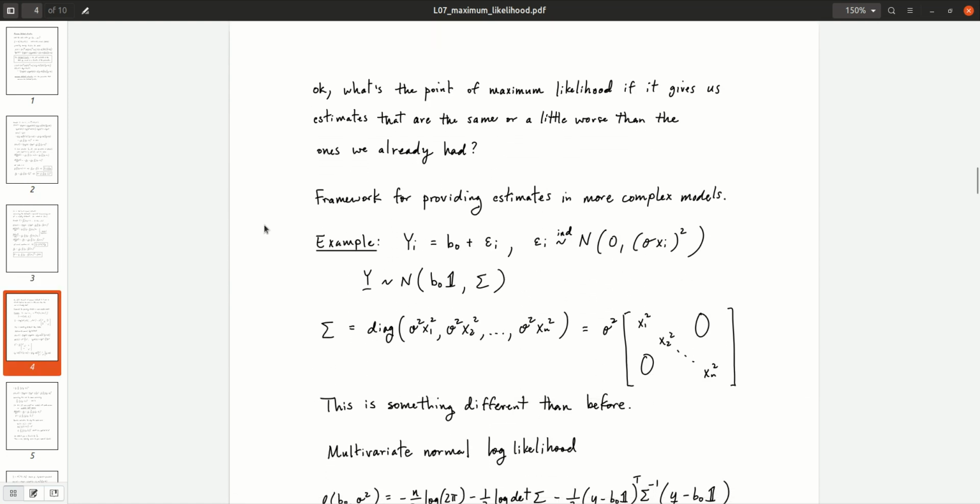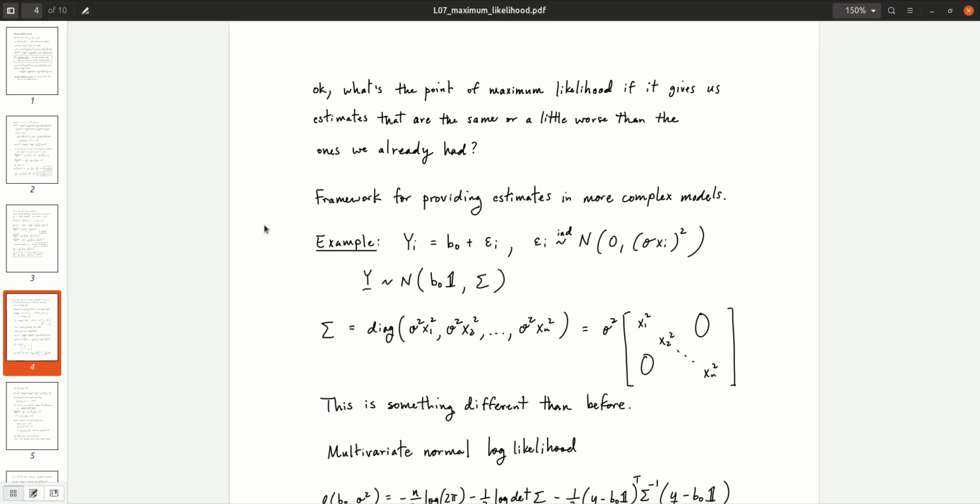All right, so that's great, but what is the point of maximum likelihood if it's giving us essentially the same estimates that we got by doing least squares? It's actually a little bit worse, because the variance parameter is now biased if you use the maximum likelihood estimates.